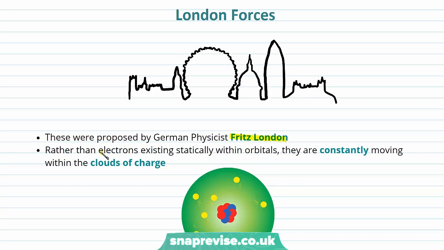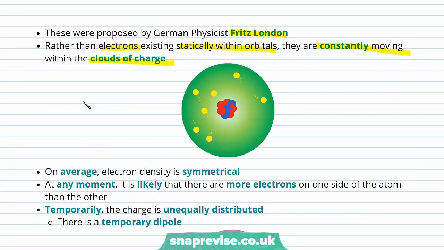Now, rather than our electrons existing statically within orbitals, they're constantly moving within the clouds of charge. So you can see here we have our tiny central nucleus and we have our yellow electrons whizzing around within their orbital. Now, on average, the electron density will be symmetrical. But at any one given moment, it's likely there are more electrons on one side of the atom than the other.